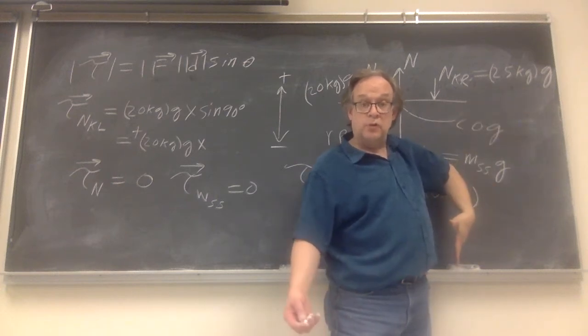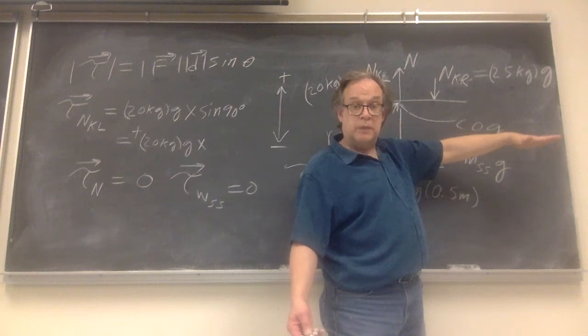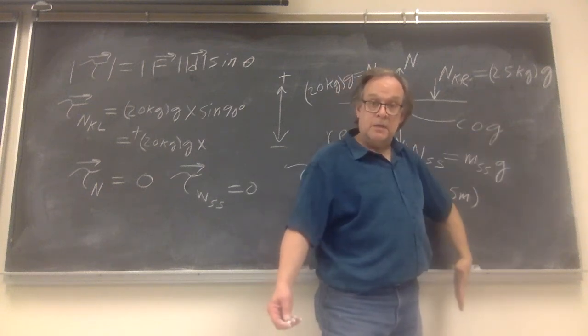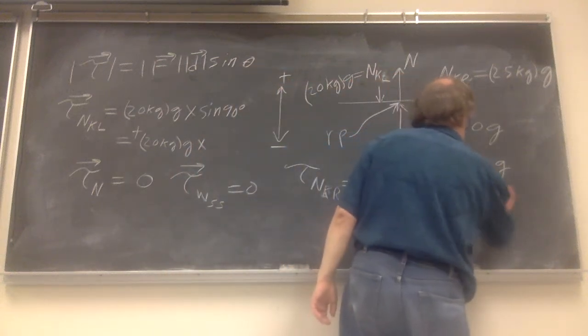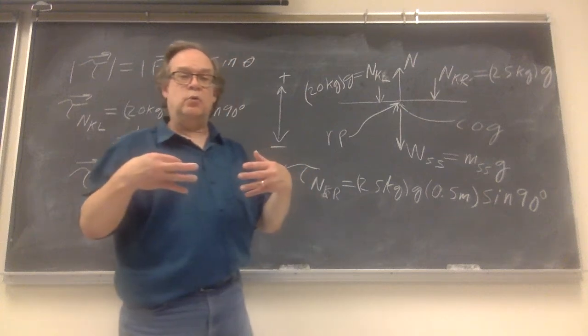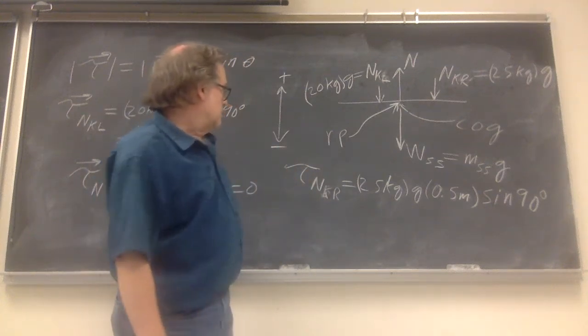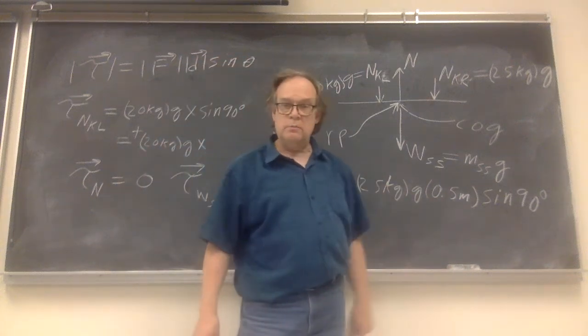The force is vertical. So the angle between the horizontal displacement vector and the vertical force is a 90-degree angle. So again, you've got sine of 90 degrees, which again is plain old 1. So the magnitude of this torque is just 25G times 0.5.